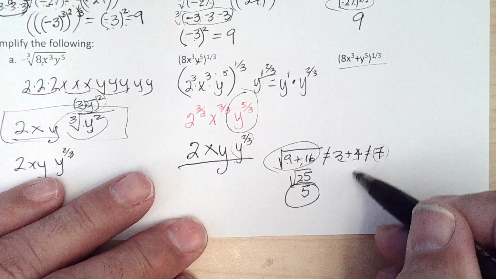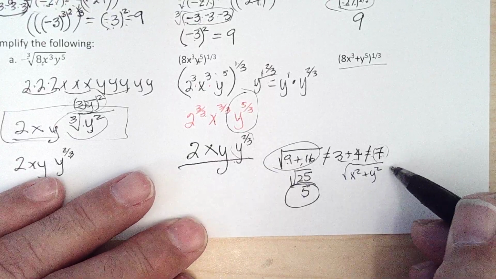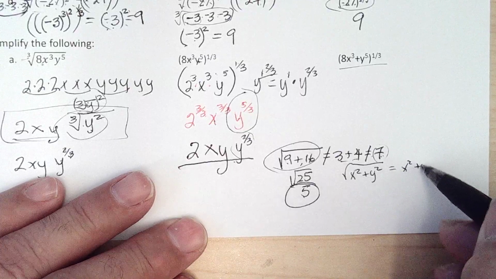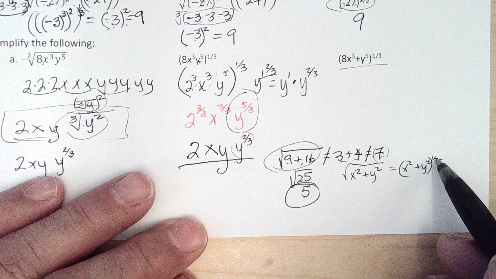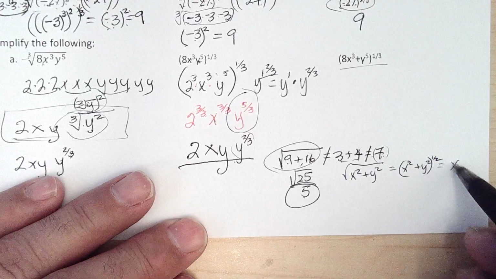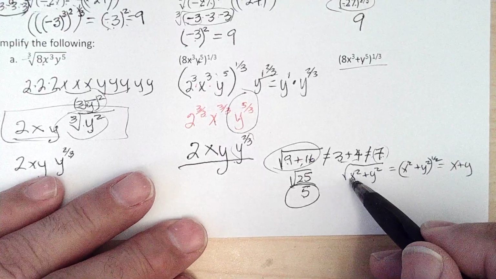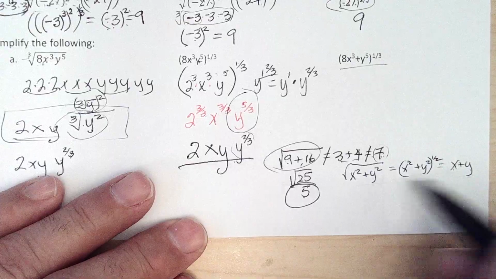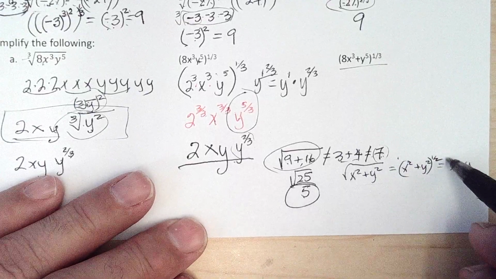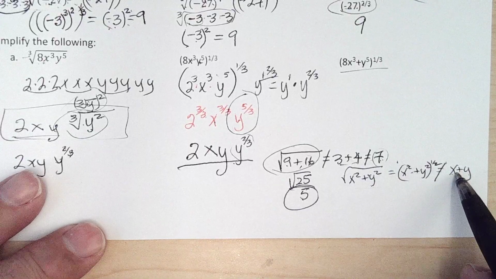So I'm going to do x squared plus y squared as square root, or if you will, x squared plus y squared to the 1/2, and people want to distribute this and call this x plus y. Or the square root of x squared is x, and the square root of y squared is y. This is not true. This is fine to there, but that's not true.